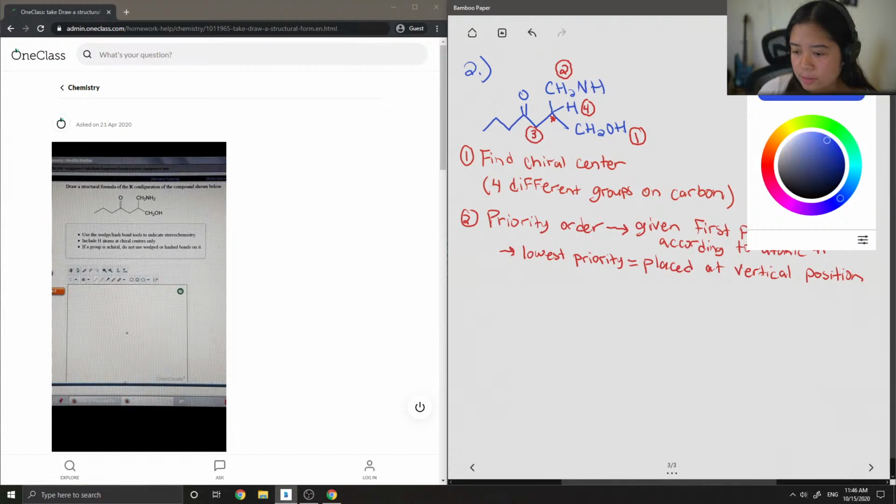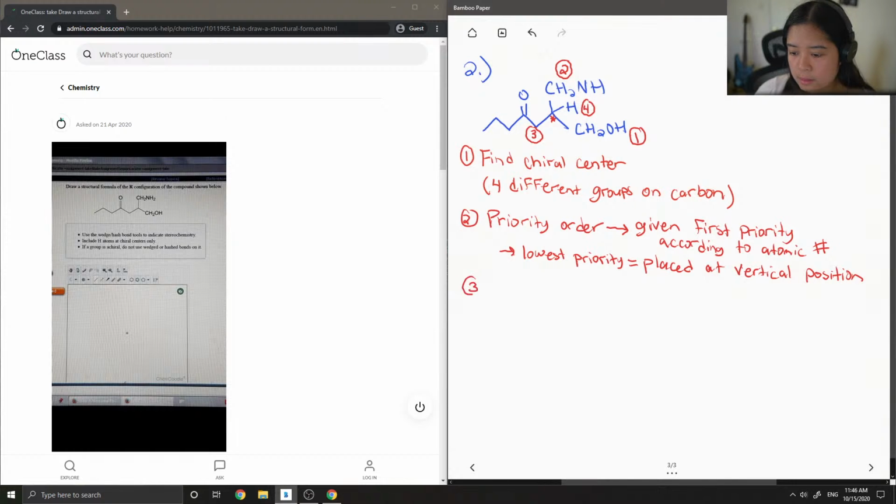Okay, so I'm just gonna redraw this down here, just to show the stereochemistry.